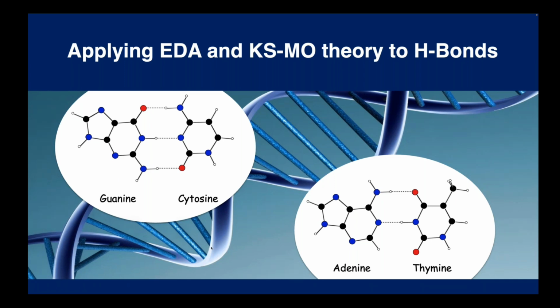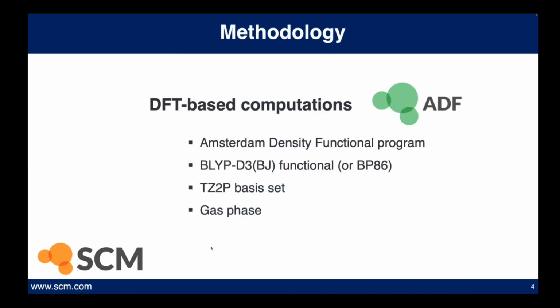So it will start with the method that I've used. Of course, here in Amsterdam, we use the Amsterdam Density Functional program, which is a DFT-based program. For those who want to know, the functional that I normally use in this work is the BLYP functional with the Grimme correction, the D3 Becke-Johnson.